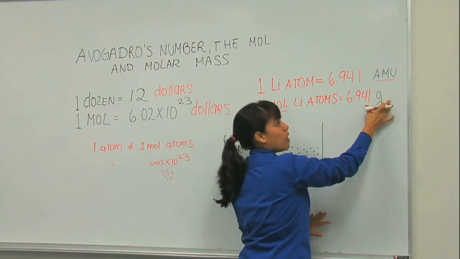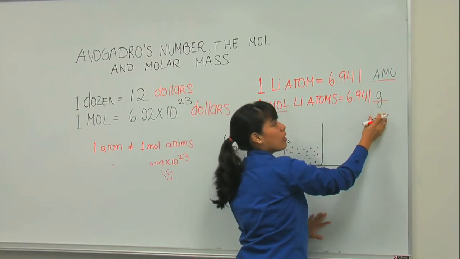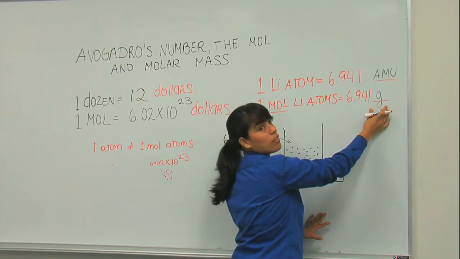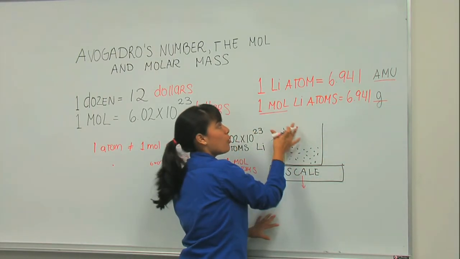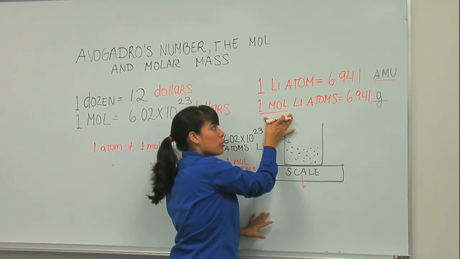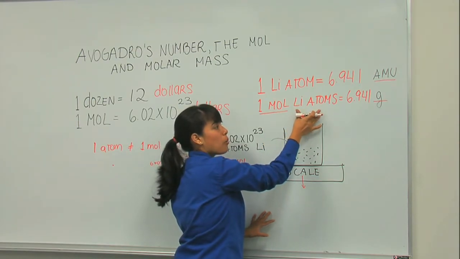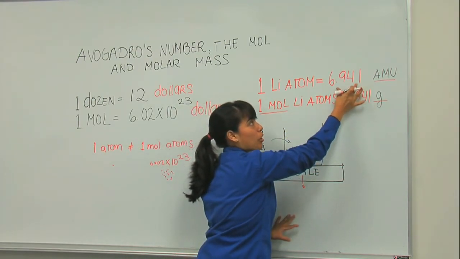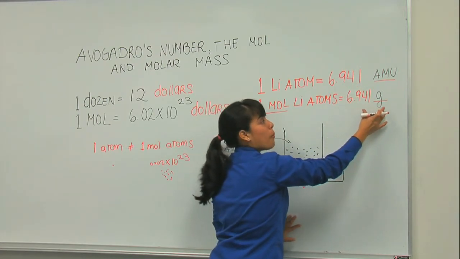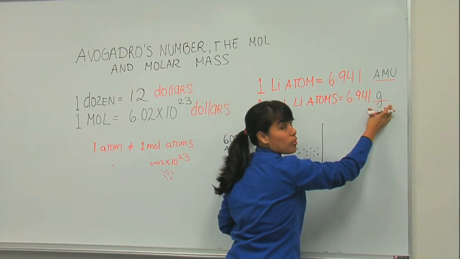So your units have to be very big as well. And the unit is grams. So whenever you have 1 mole of lithium atoms, you have the same numerical value, but a different unit, grams.